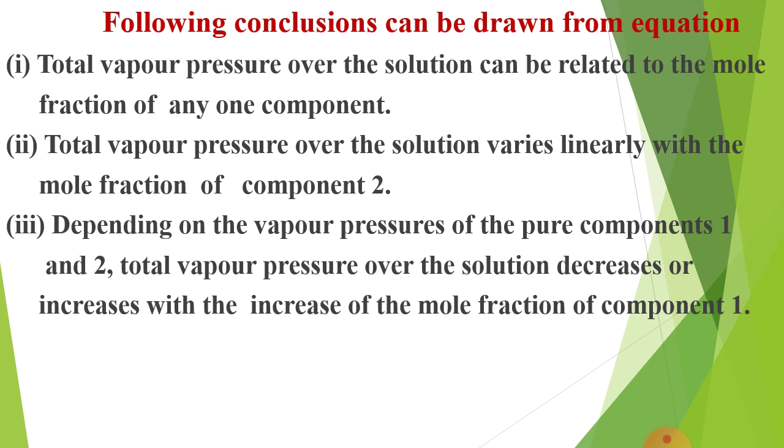This is shown by the straight line graph. Third, depending on the vapor pressure of pure component 1 and 2, the total vapor pressure over the solution decreases or increases with the increase of mole fraction of component 1. So you have to know these points from the above equations.